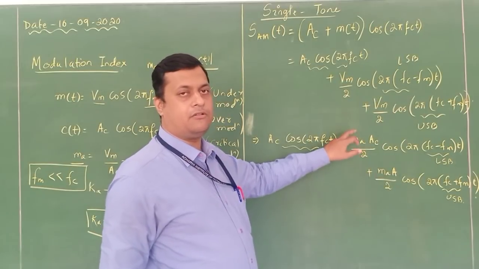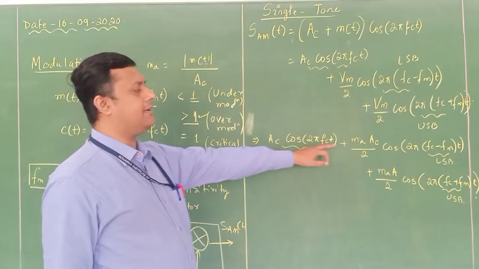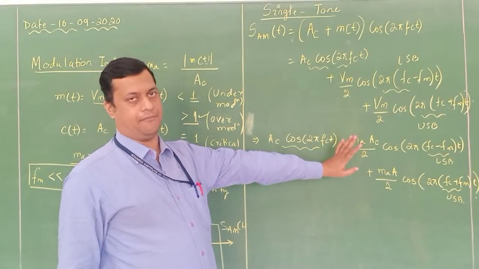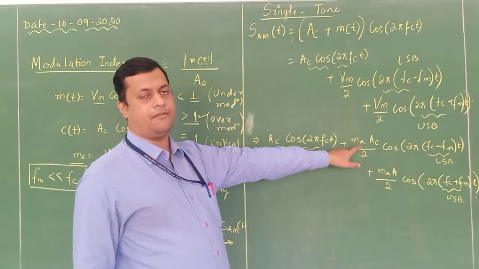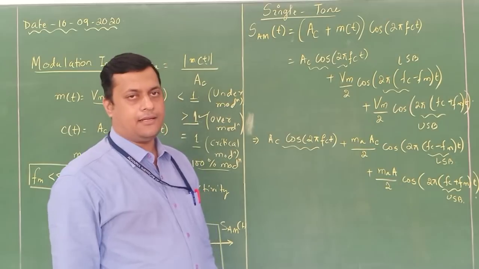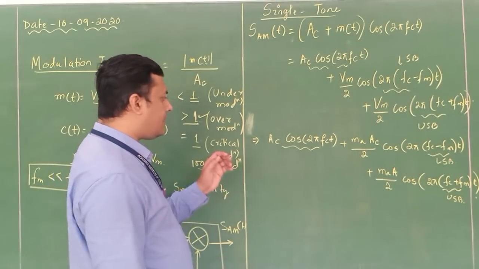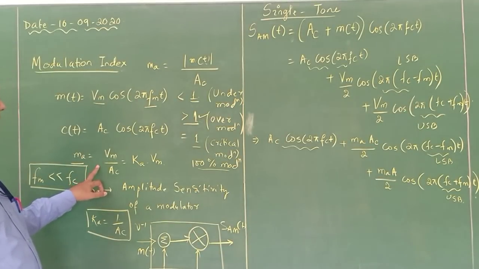If you substitute Ma, that is Vm by Ac, you will get it in terms of Vm. Because in place of Ma, if I substitute Vm by Ac, Ac will be cancelled out. So with respect to this, Ma and Vm can also be written.